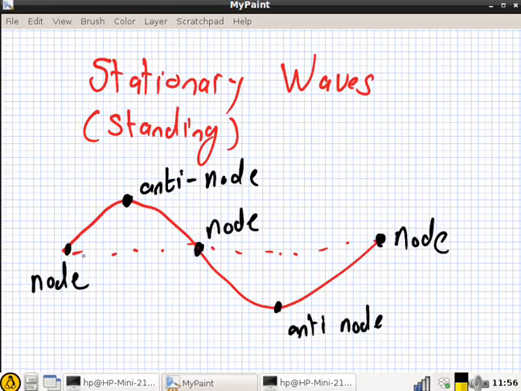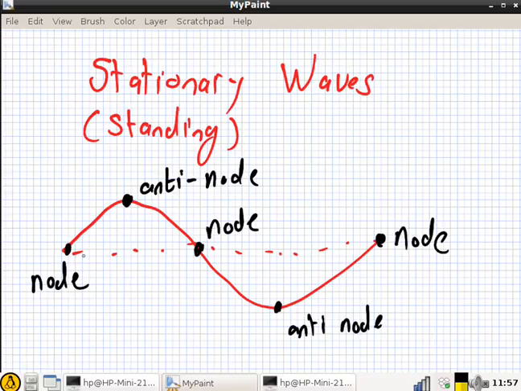Can you see that now? 1, 2, 3 nodes there. Yeah, there you go. 1, 2, 3. And I think at the end it goes in slow motion, which is kind of cool. There, that's nice. Okay, 3 nodes.